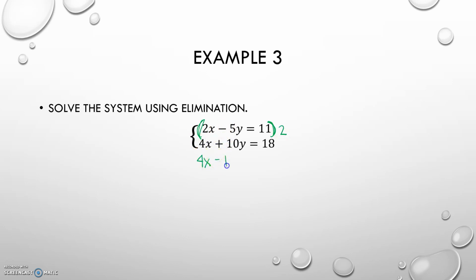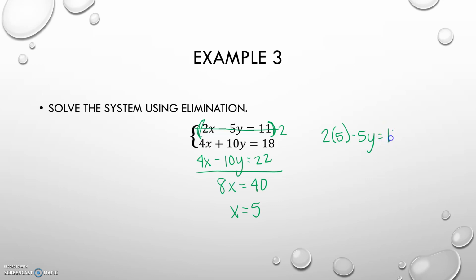4x minus 10y equals 22. What that's done is kept our signs different, which is what we want, but given us the same number. So when we combine, we get 8x equals 40. Divide by 8, and we get x equals 5. When I plug that in, 2 times 5 minus 5y equals 11.